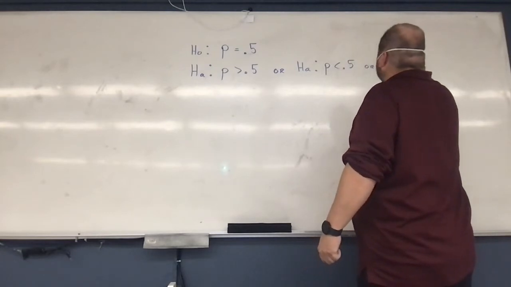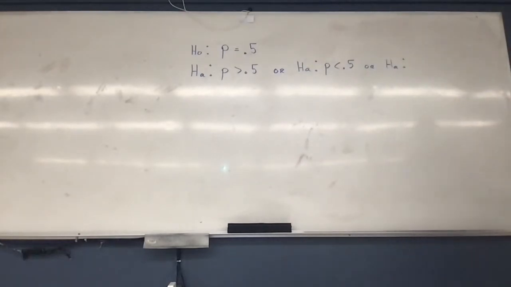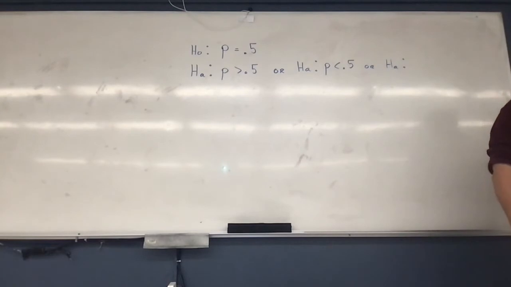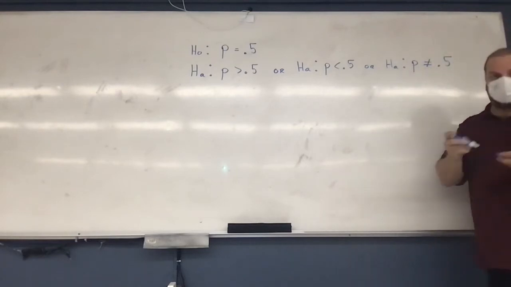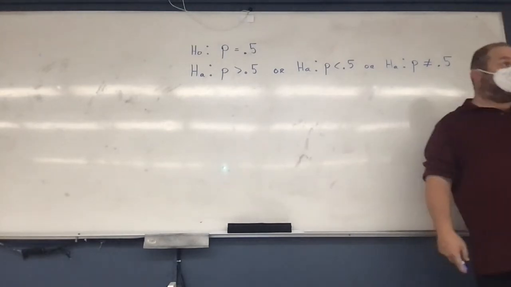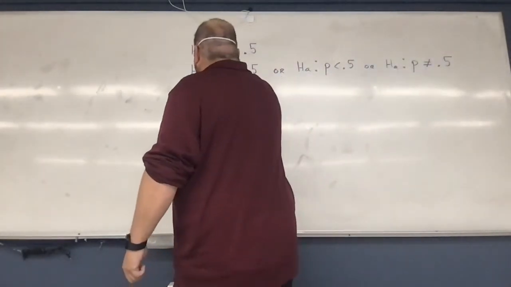Or maybe I'm a little less confident. I think it's not fair, but I'm not sure which way. So I'll say it's not equal to 0.5. So in our class, the 3 types of alternative hypotheses are greater than, less than, or not equal to.